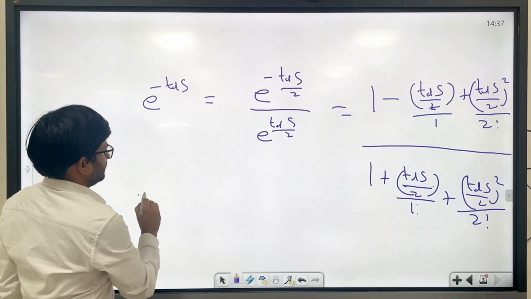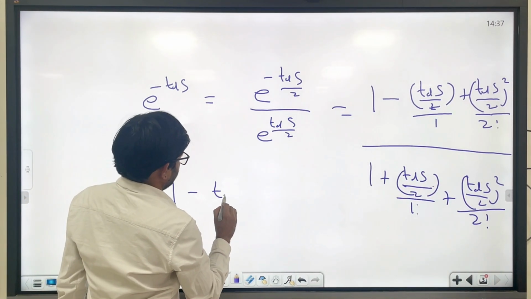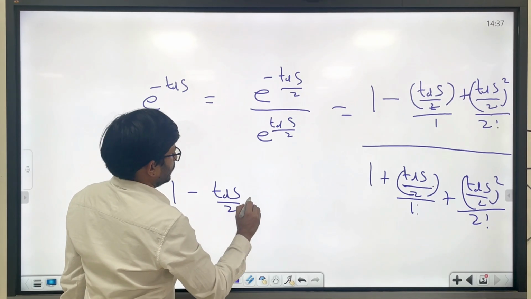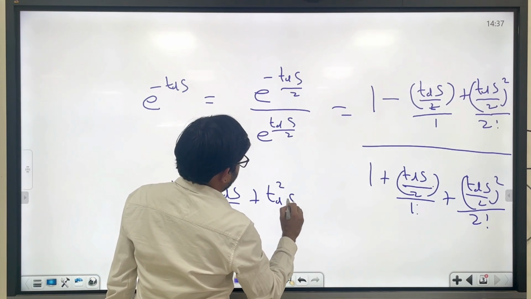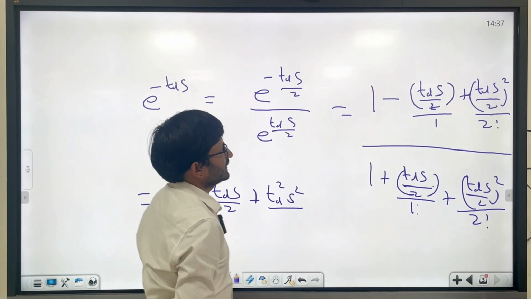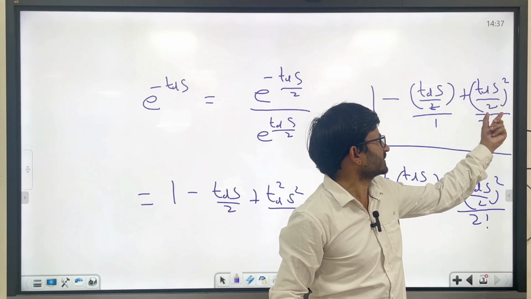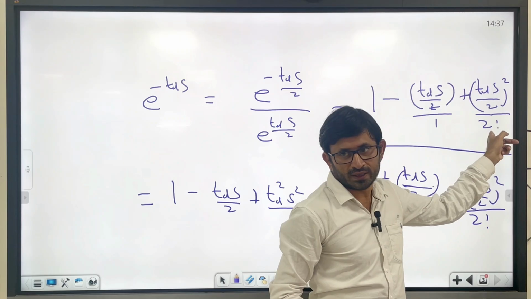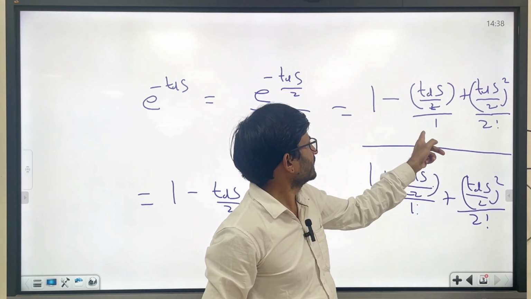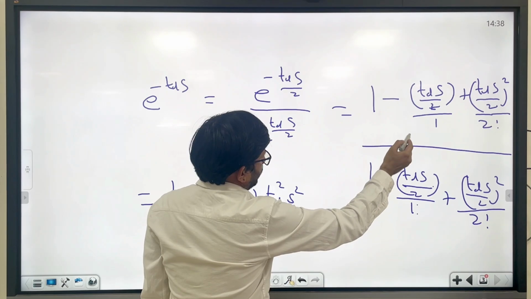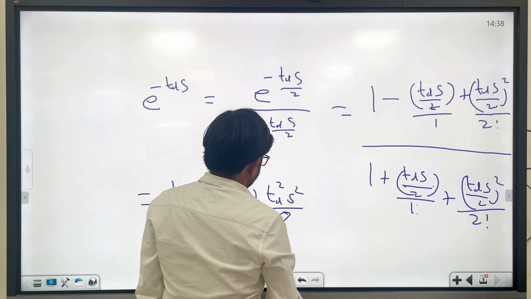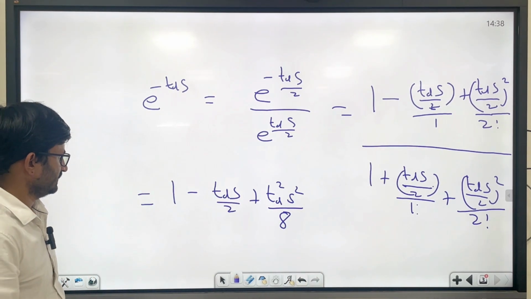So what you can write: Td s by 2 plus Td square s square, and factorial 2 is 2, and this is 4, so you can write 8, right?